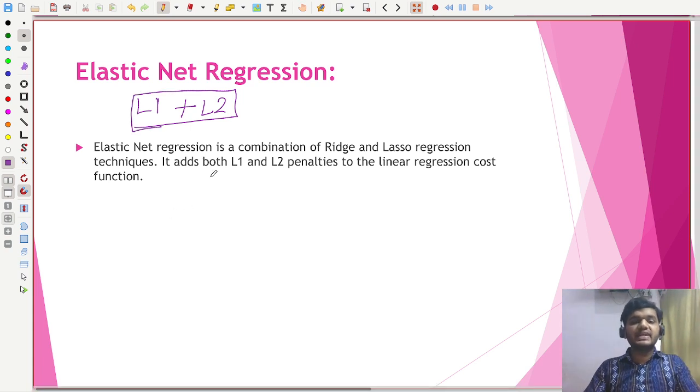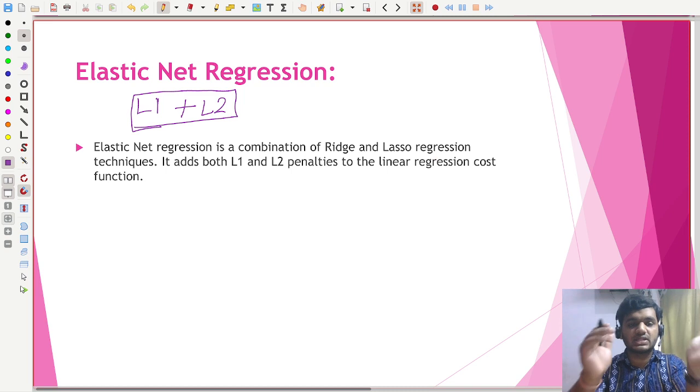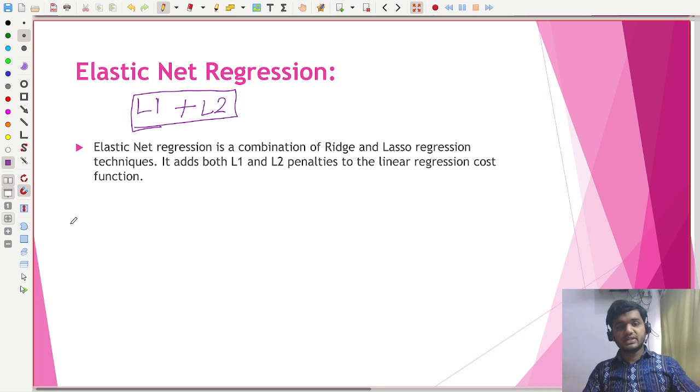Okay, elastic net regression is a combination of ridge and lasso regression techniques. It adds both L1 and L2 penalty to the linear regression cost function. So here you notice elastic net regression is generally the combination of L1 and L2.